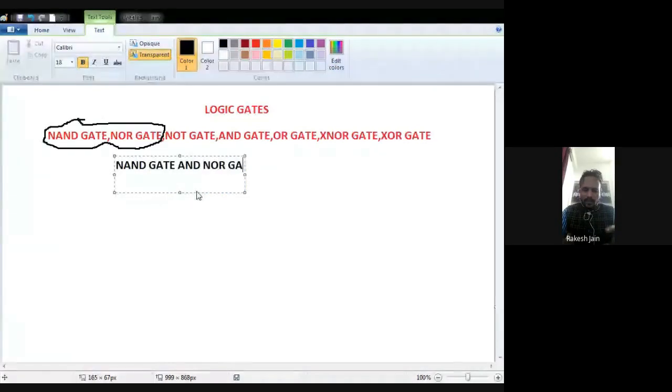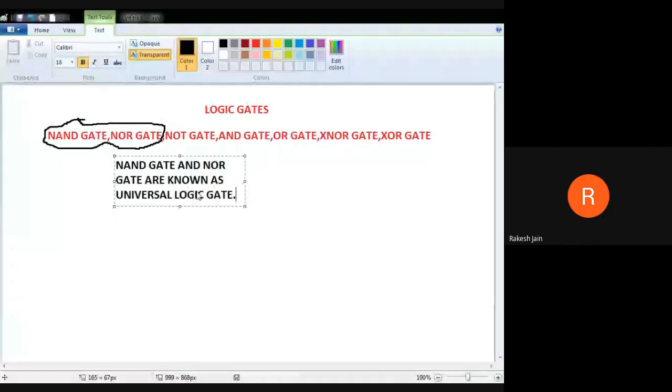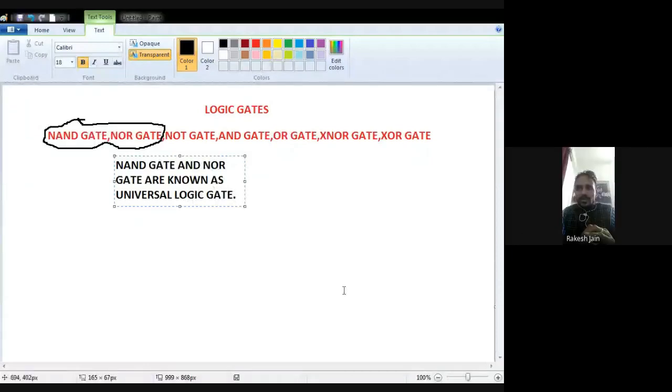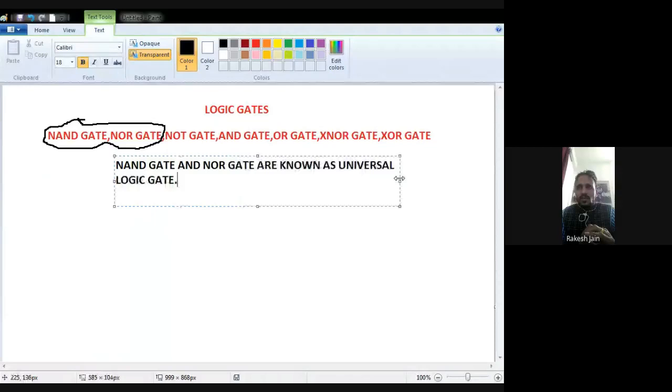These are different kinds of logic gates. Actually, these are different ICs. These all are different ICs of 16 pins. When you go to the market, you purchase ICs for those logic gates. So, what are the IC numbers of those logic gates?